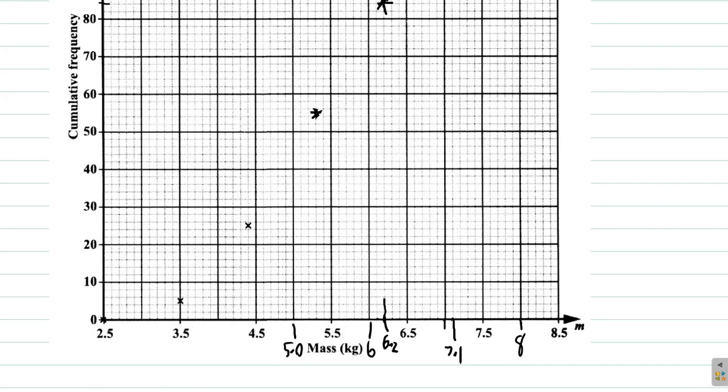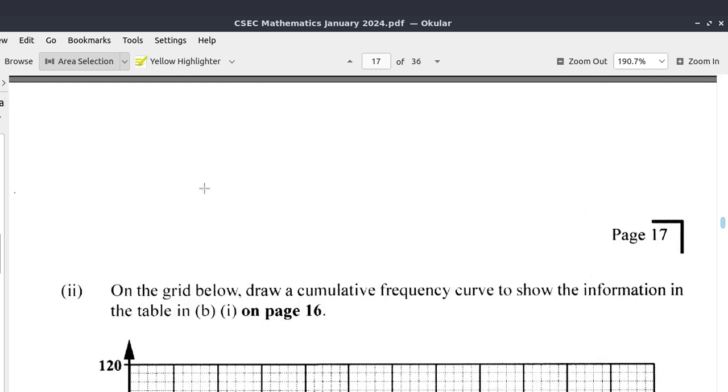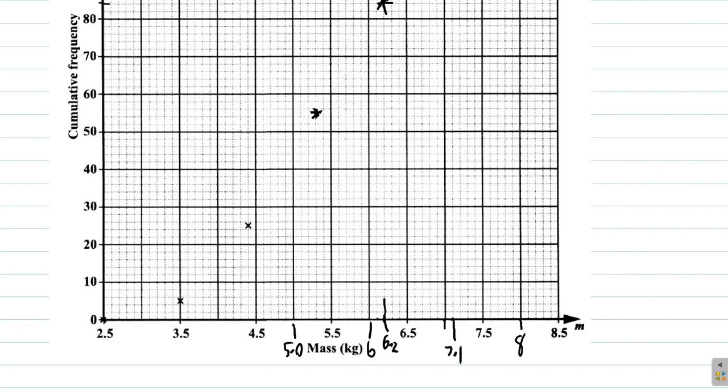So what they say we should do again is draw the cumulative frequency curve. Now, the cumulative frequency curve is going to look somewhat like an S. They call it the ogive. You have a small number at the lower extreme, a small number at the upper extreme, but a lot in the middle, right?